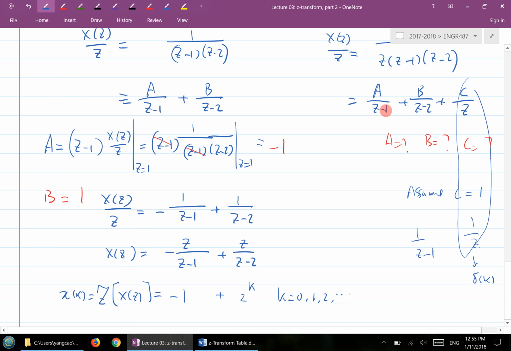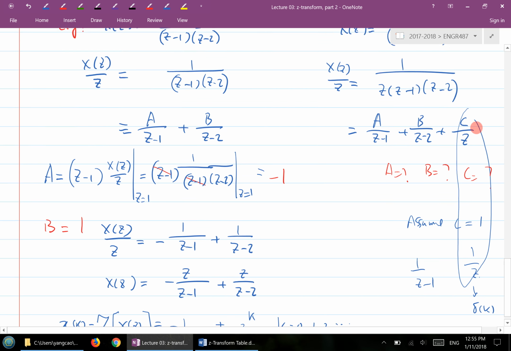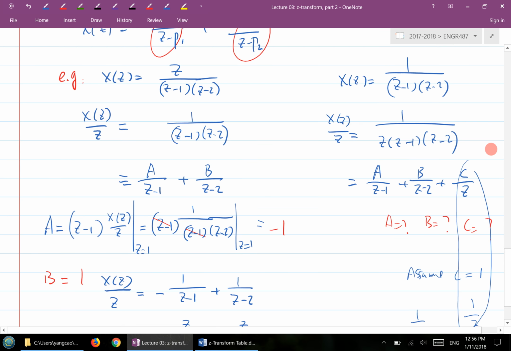So when you multiply the z back over here, in this case it cancels this z, right? You probably were thinking there might be a scenario like this. Let's say you start with an expression like that, and when you divide it by z, you get z squared here.